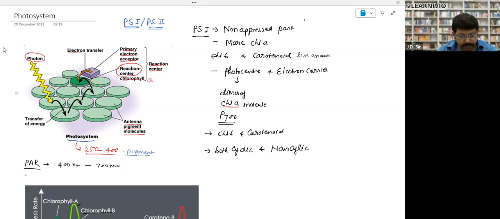Next point. PS1 has a photocenter and electron carrier.